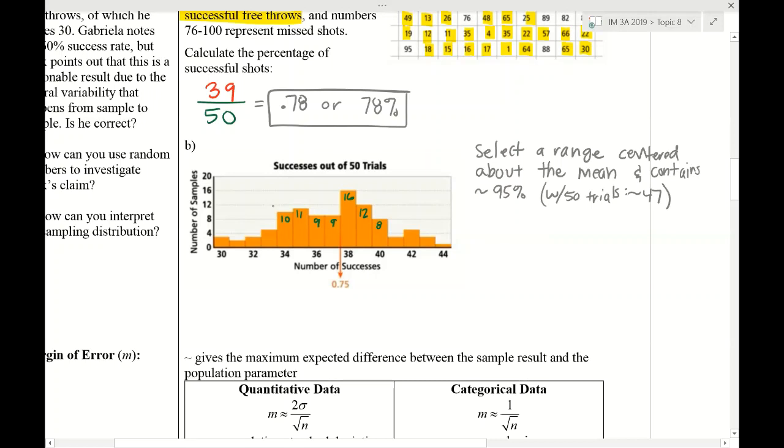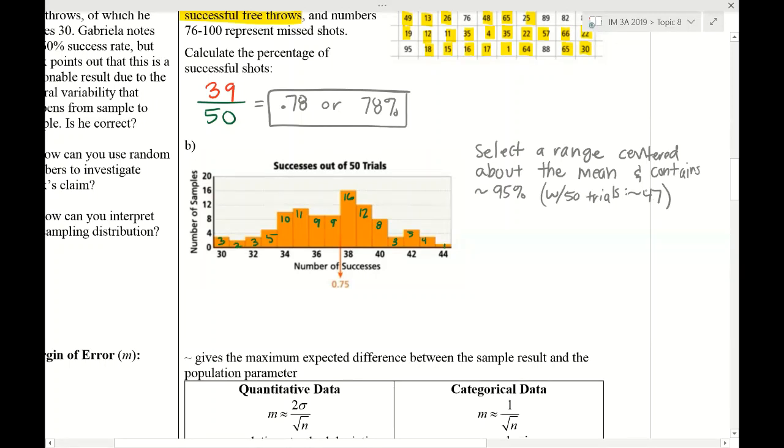Remember that I'm trying to figure out where I can get about 47 of these. If there's 50, I'm looking to take off about 3. I should have done this from the outside, that would have made it a little easier, but let's just continue from here. This one has 3, this one has 5, this one has 4, this one has 1. Then this one has 5 again, 3, 2, 3.